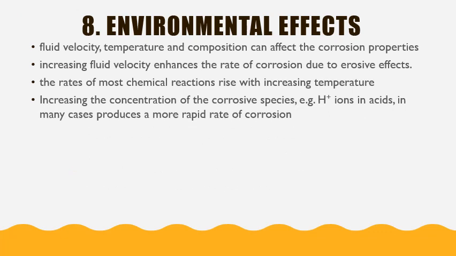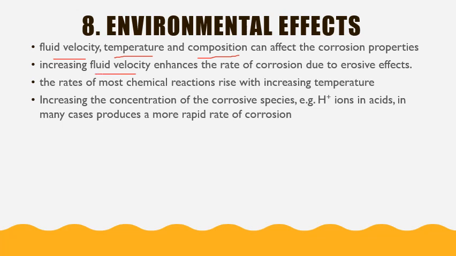Environmental effects on corrosion. These are different environmental conditions: fluid velocity, the fluid which is passing on the surface of the metal, what is the velocity of this fluid; temperature; and composition, the composition of the solution, material or environment which is in contact with the metal. These affect the corrosion properties.